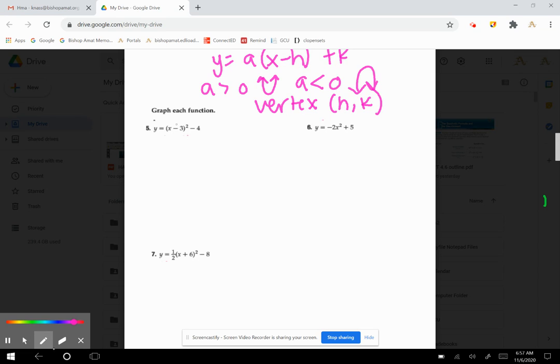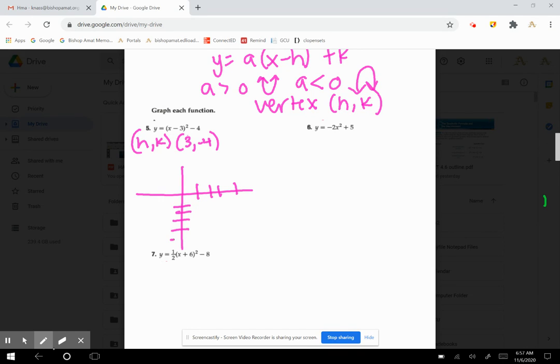Okay, so this one here, you need h and k, which is your vertex, which is 3, negative 4. So if you graph that, 3, negative 4. Use your calculator, please, to get your accurate counts here. But here is your graph.